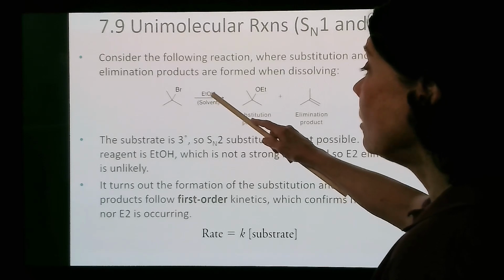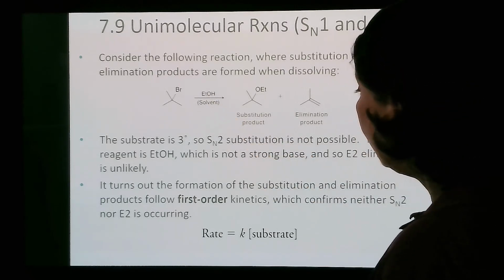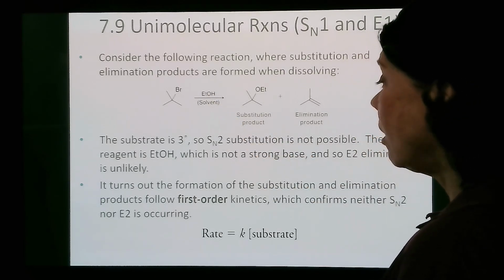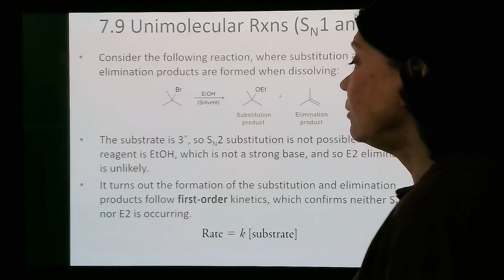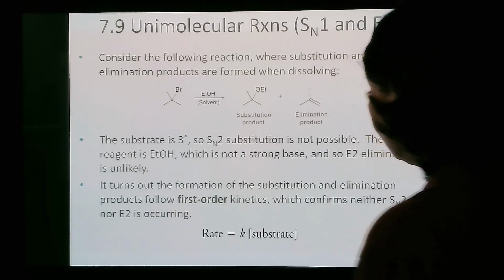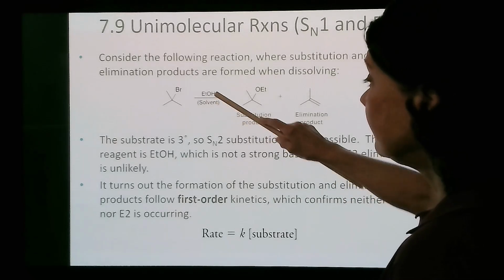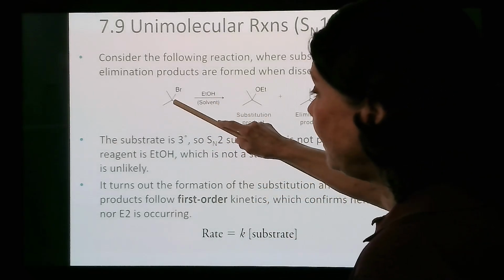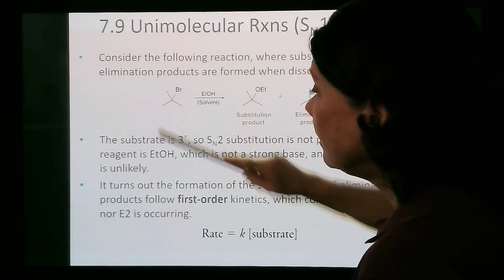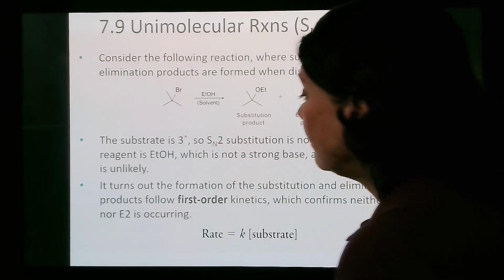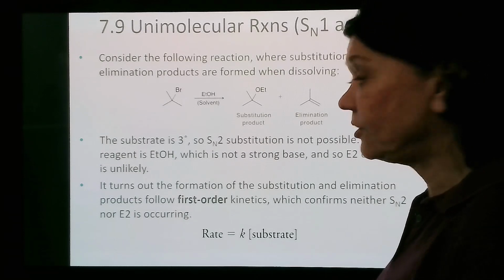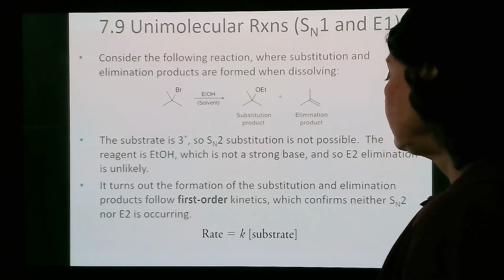Okay, so this is a neutral nucleophile. It is not a strong nucleophile or a strong base. So you're not going to get an E2 elimination because this is such a weak base, and this being a tertiary alkyl halide, you're not going to have SN2 reactions here either.